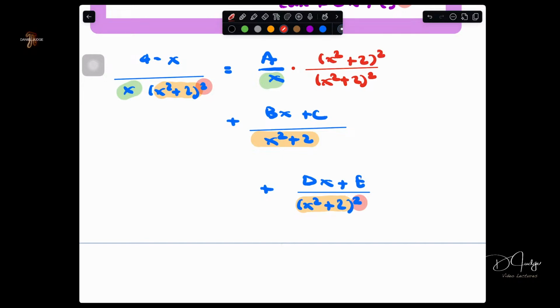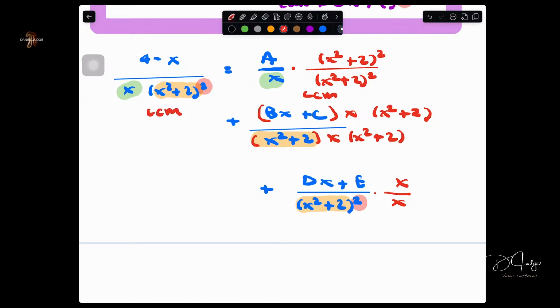For the second fraction, this is x times x squared plus 2. For the last one, it'll just be x. So you will see that this is the LCM for your denominators.